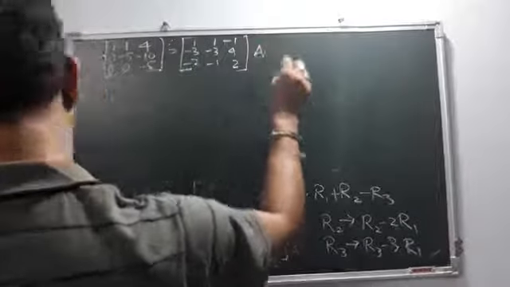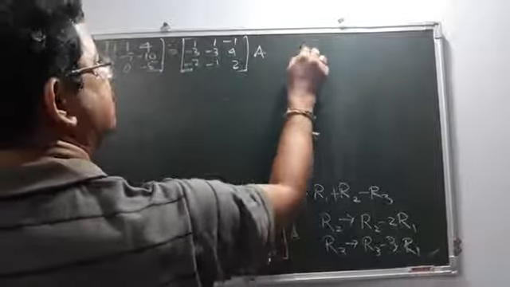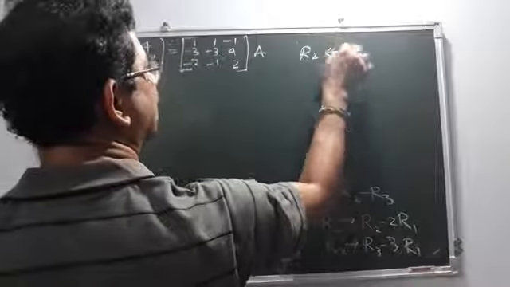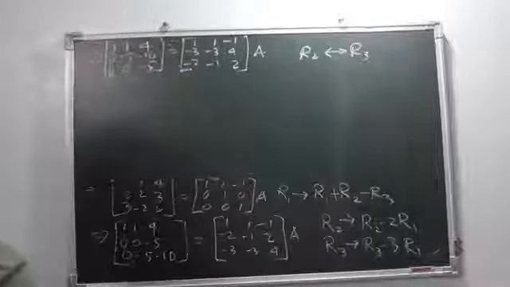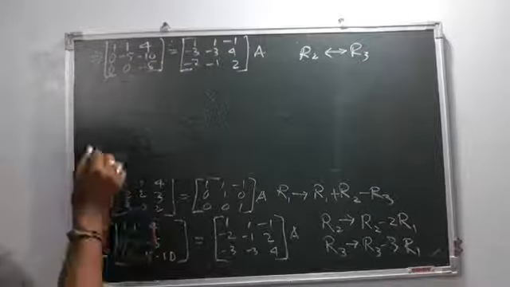These things we have done by interchanging the second row and third row. If we interchange, then we can get this one.